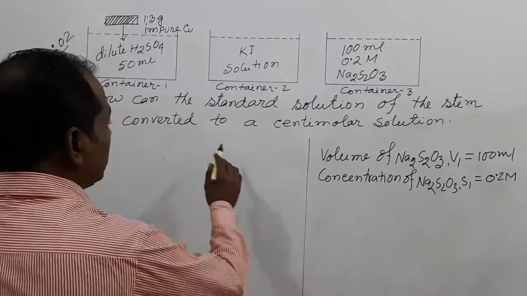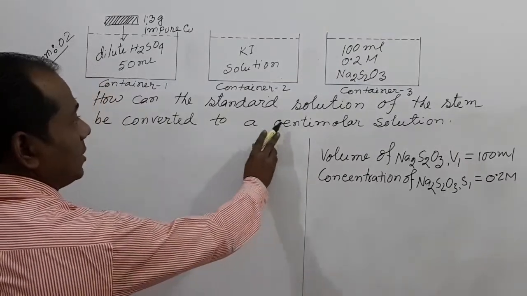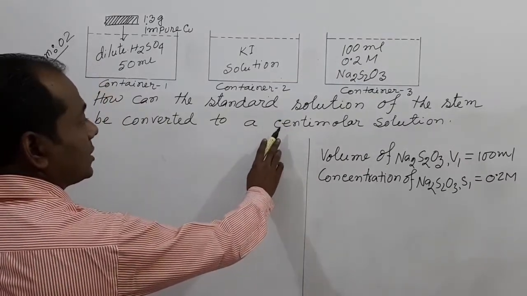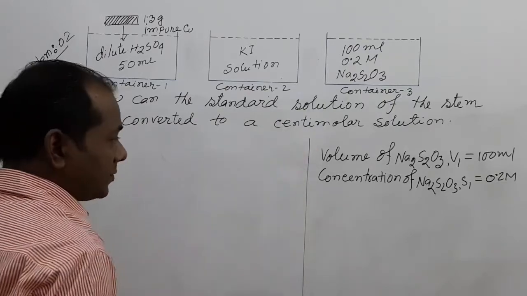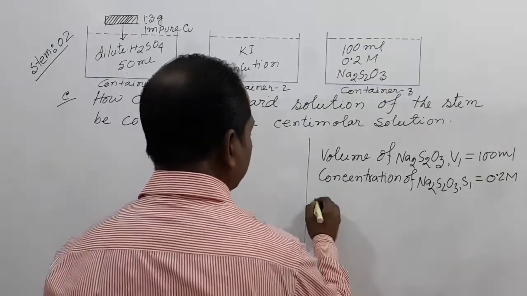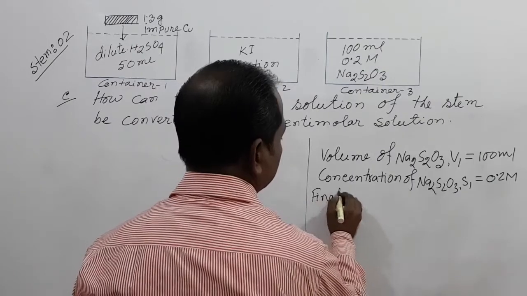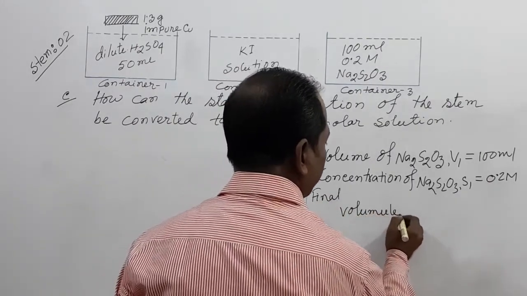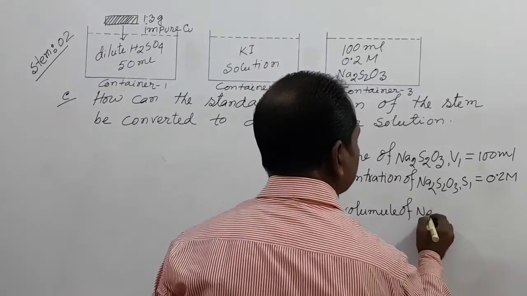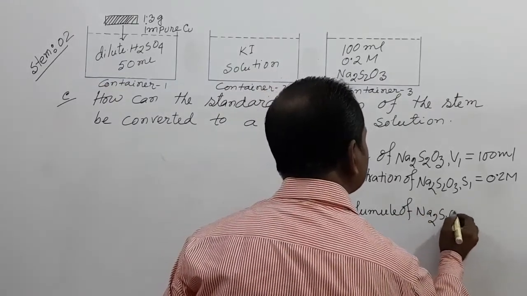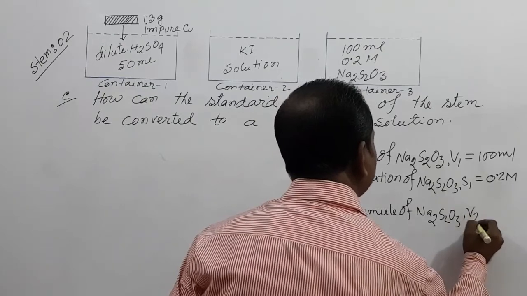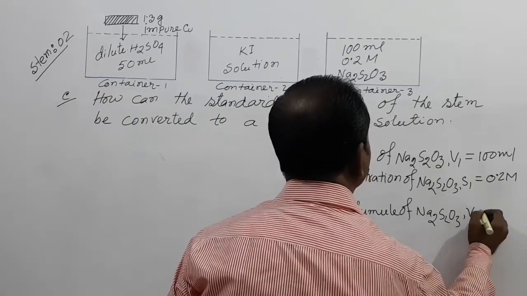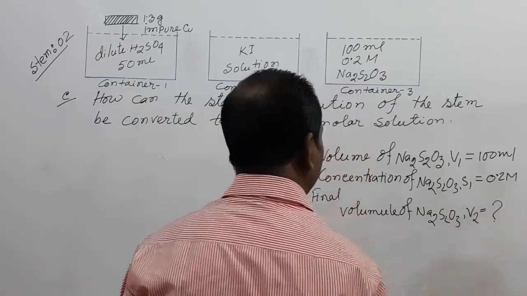My dear students, we have to convert this concentration into centimolar. So the final volume of sodium thiosulfate, V2, equals what?